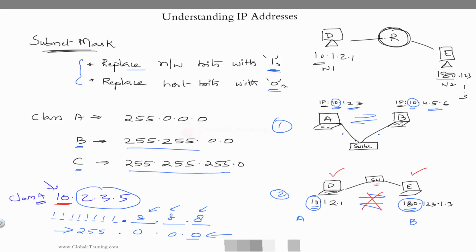The router is a device that can route the traffic from one network to another IP network. Switches cannot. Whatever systems you connect here, they should all belong to the same network. If they belong to the same network, they will be able to communicate. If they belong to a different network and a switch is connecting them, they will not be able to communicate. For this to happen, you really need a router in between.